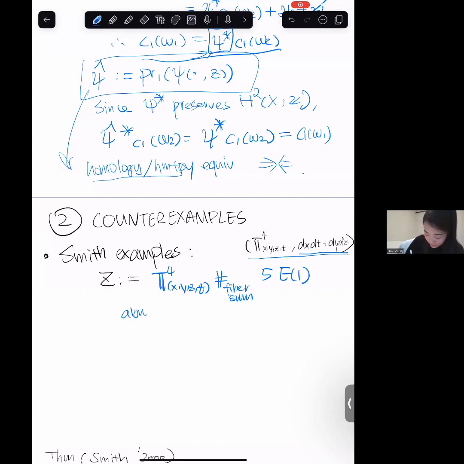In order to specify the fiber sum, I need to tell you where I'm gluing my tori: Tx, Ty, Tz, and 2 copies of Tw.